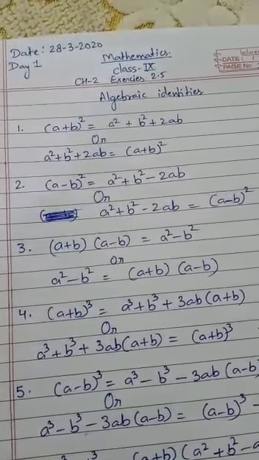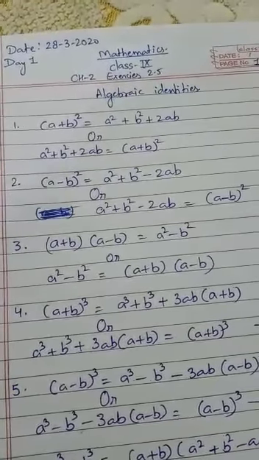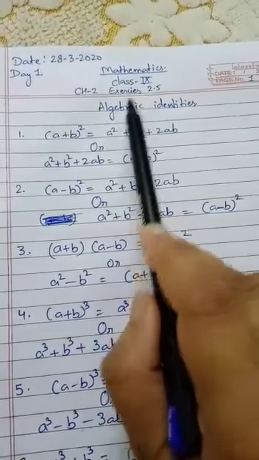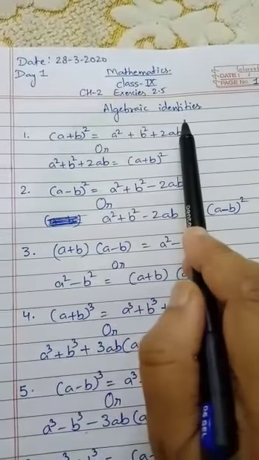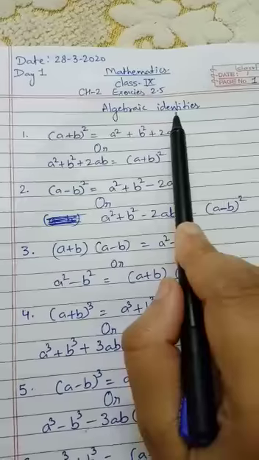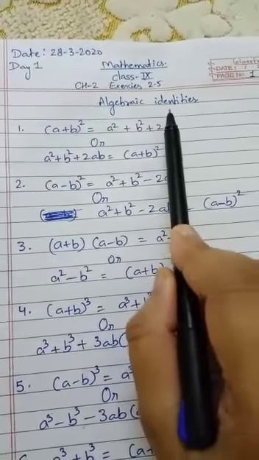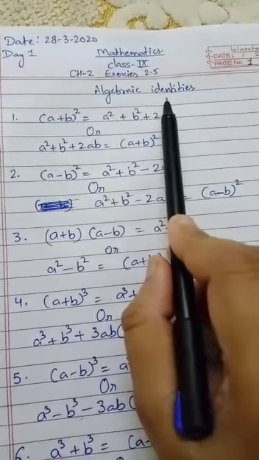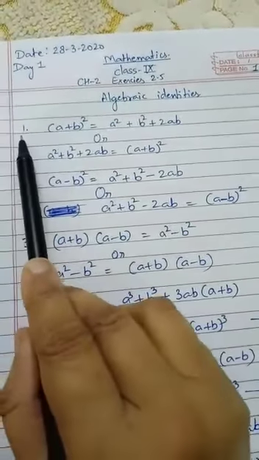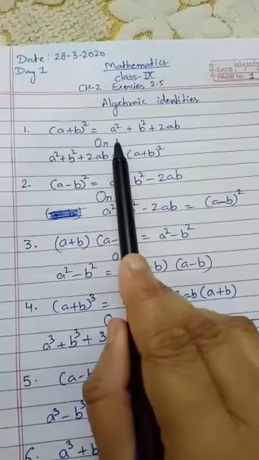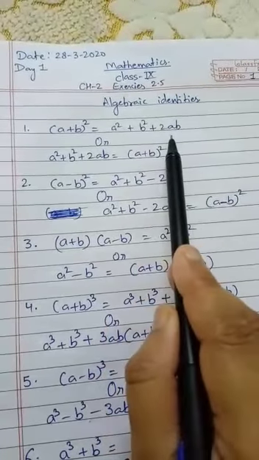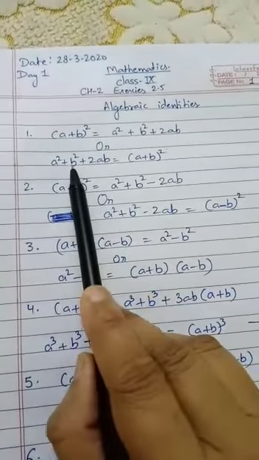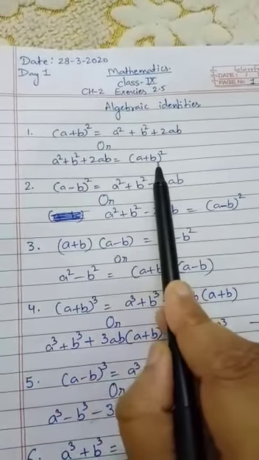Children, we start our new session with chapter 2, exercise 2.5, algebraic identities. In this, as we have already studied some identities in class 8th also, like identity 1, (a plus b) whole square is equal to a square plus b square plus 2ab, which can be rewritten as this side here and this side here.